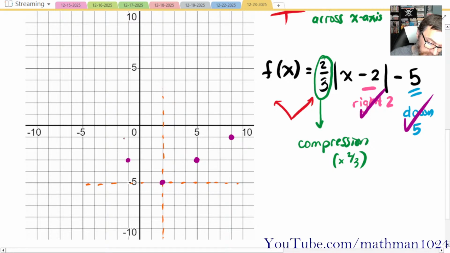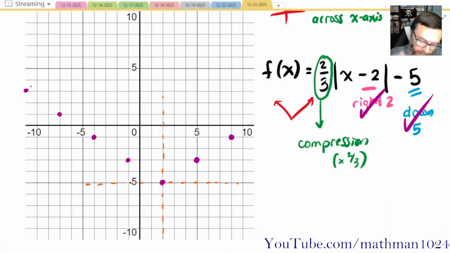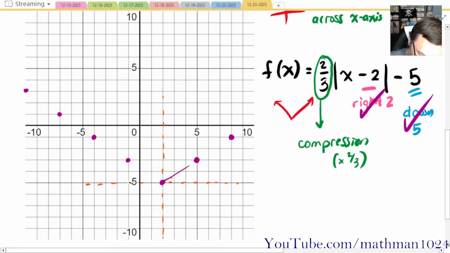So up 2 to the left 3, up 2 left 3, and so on. Again, I'm going to put as many points on here as I can fit so that my graph is going to be as accurate as possible. And so now we just connect the dots, and we have a nice smooth curve.